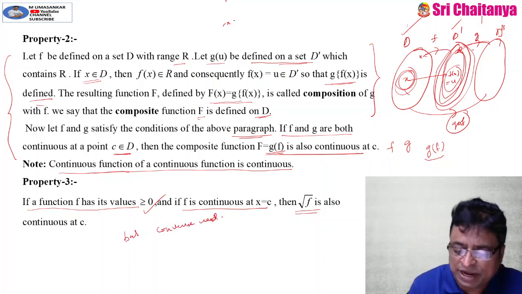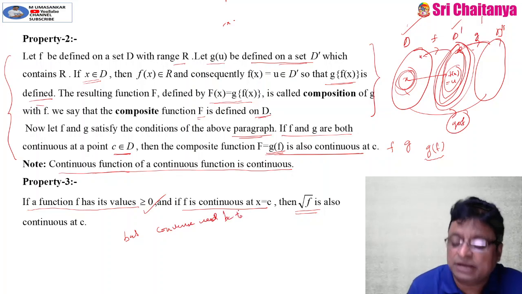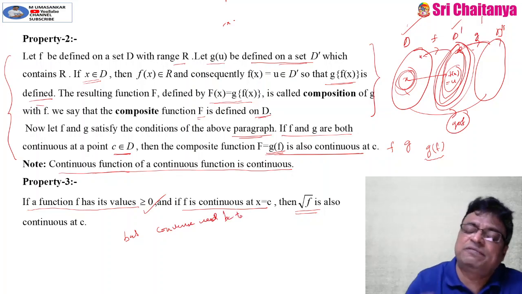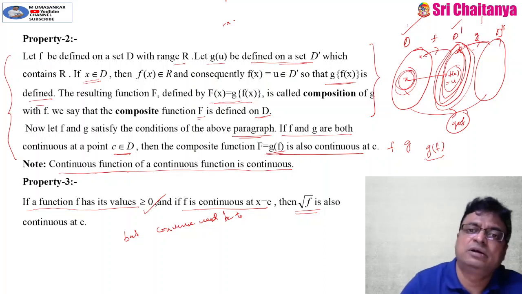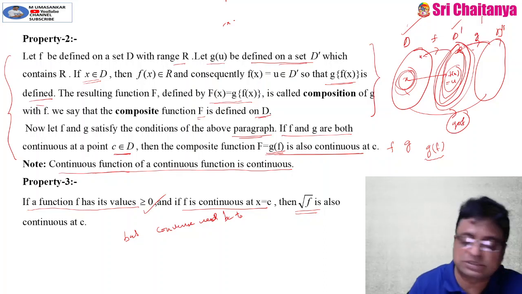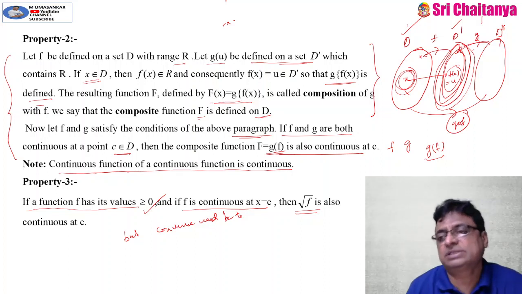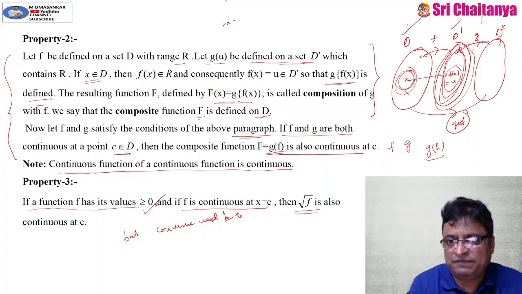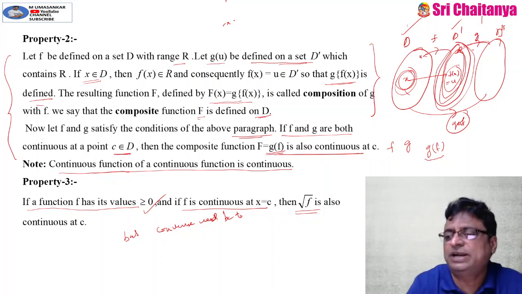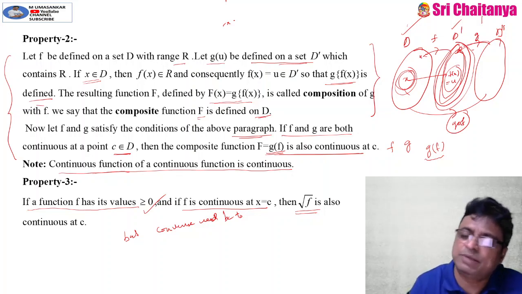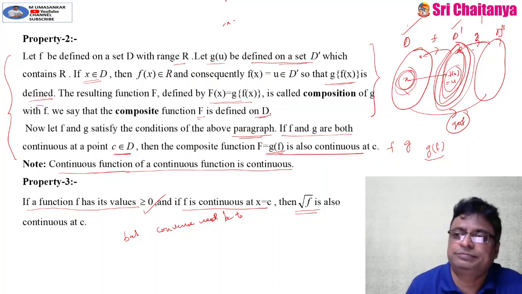Whenever we are talking about any properties of functions, especially in continuity and differentiation, that means any statement in calculus, rethink about its converse. So, if f is continuous at x equal to c, then root f is also continuous at x equal to c, provided all the values of the function are greater than or equal to 0, but the converse need not be true.